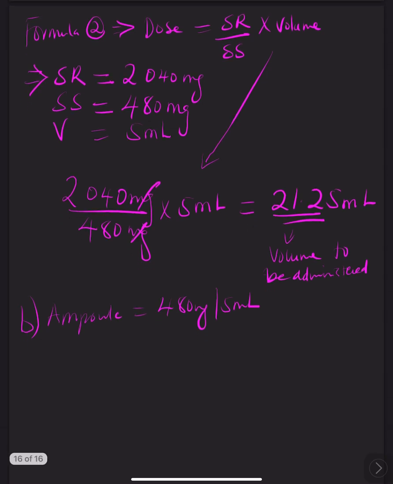So if that's what we need to give it in 5 mils, all I need to do is say 21.25 mils divided by 5, the mils per ampule. The mils cancel, and this will give you 4 1/4 ampules.